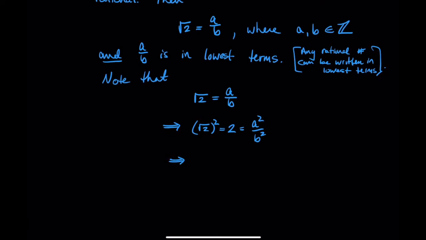So this means that we have 2 times b squared is equal to a squared. And that means that a squared is even. It's 2 times an integer.